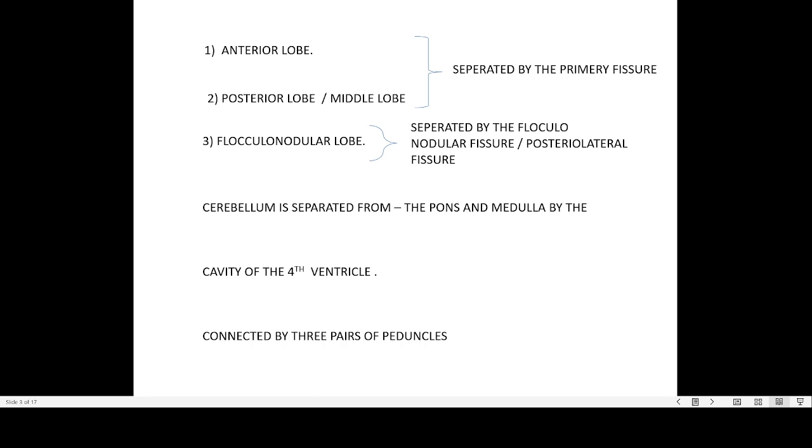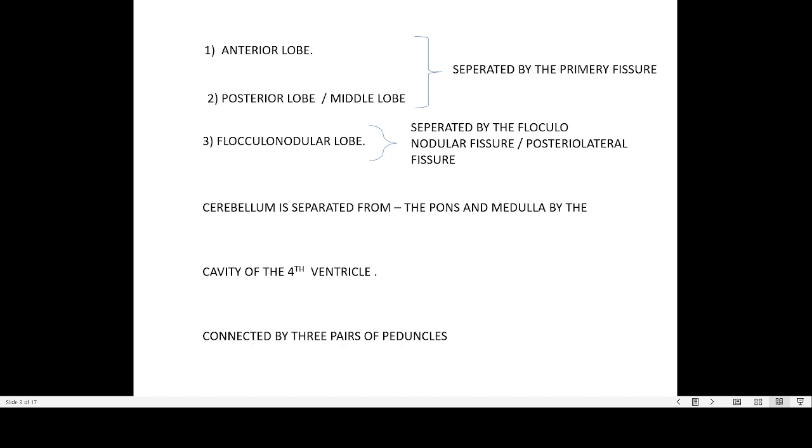The one connecting to the midbrain is the superior cerebellar peduncle, the one connecting to the pons is the middle cerebellar peduncle, and the lower one connecting to the medulla is the inferior cerebellar peduncle.